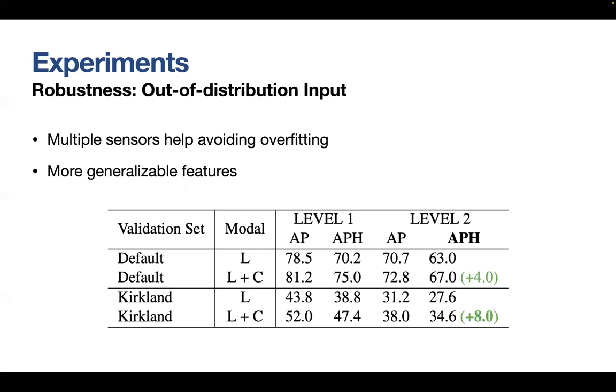And then we see that multiple sensors help avoid overfitting. So it still overfits. On the right-hand side, we see that the default validation set has a significantly larger level 2 APH than Kirkland, which is not in the training set.